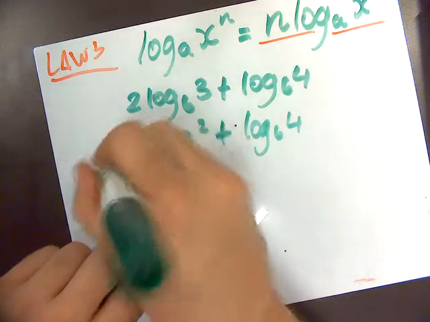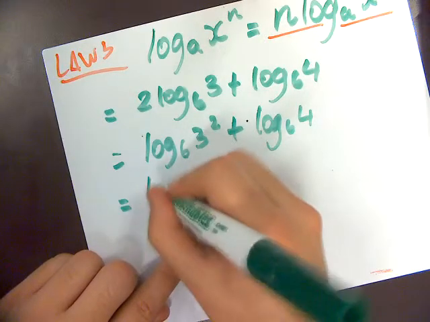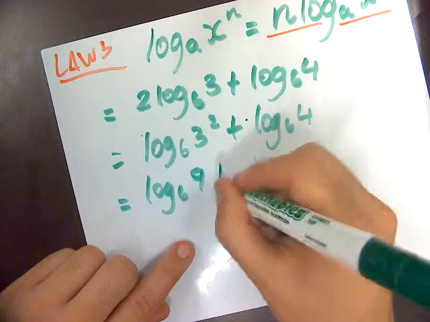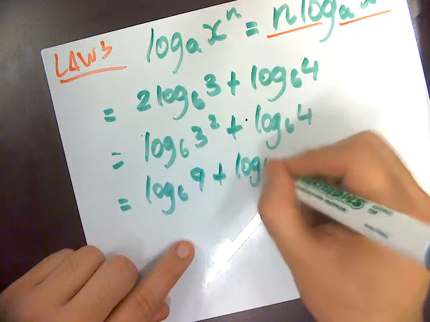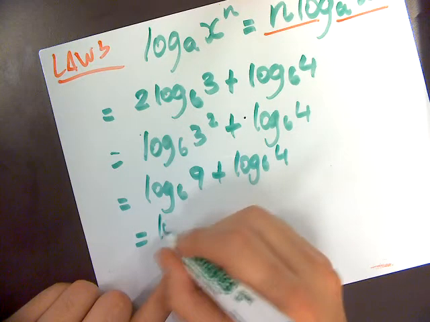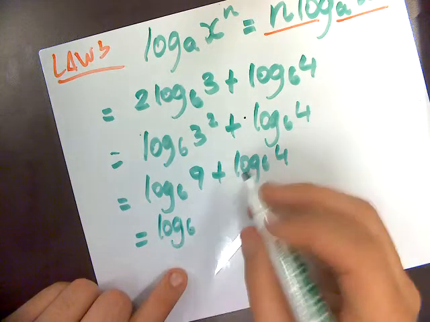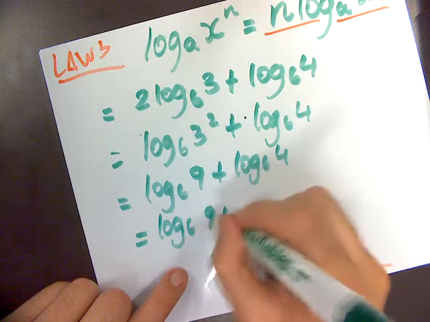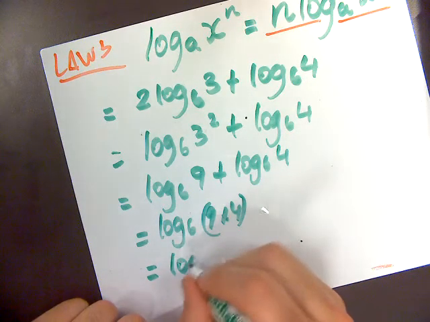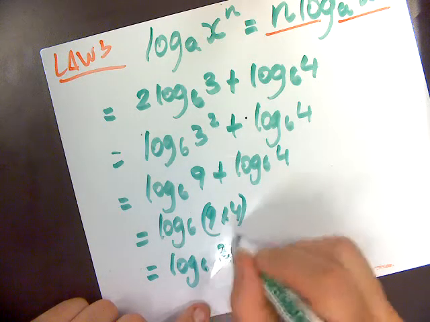So we know what 3 squared is, so it becomes log base 6 of 9 plus log base 6 of 4. I'm adding them together. So again, from our previous law, we can go log base 6 of 9 times 4, which equals log base 6 of 36.